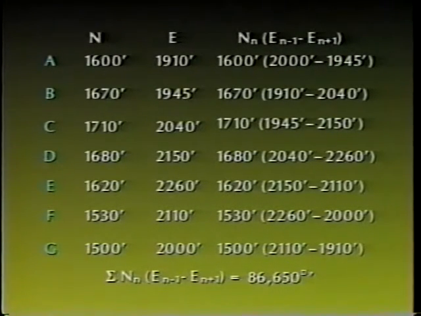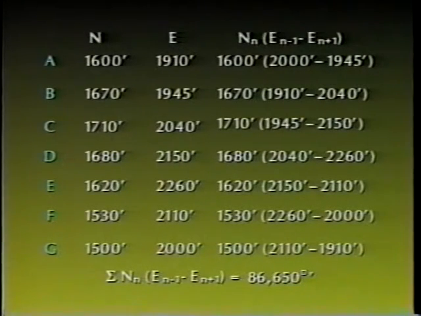A plus 1670 times a minus 130, which is this product of n sub B times E sub A minus E sub C, equals a minus 271,100 square feet. Put this in the minus column.